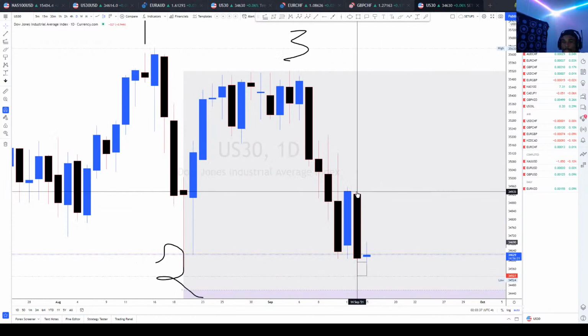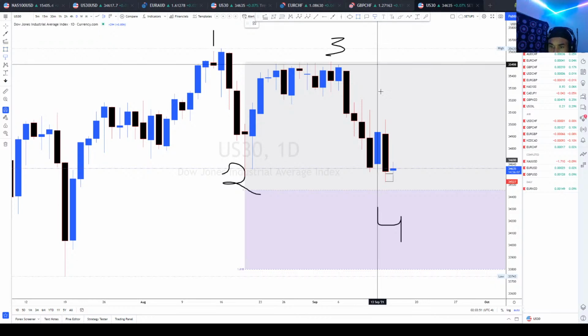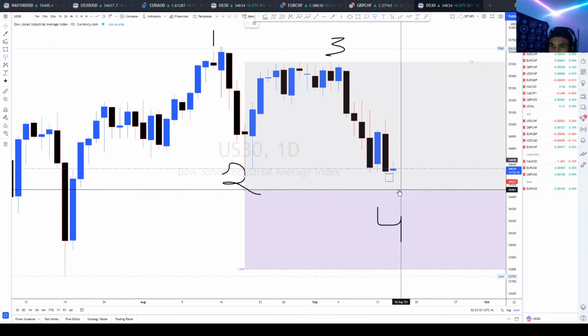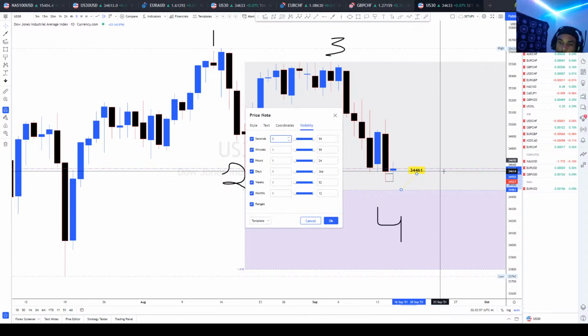I can see that the 100% of this move is down here at this level. What price point is this? 344.60.